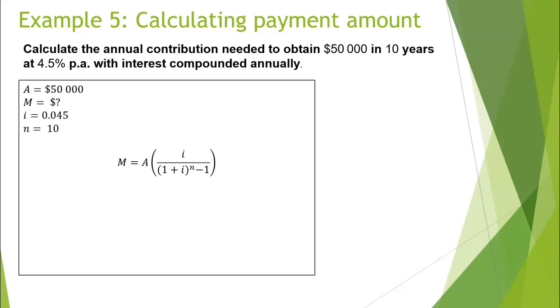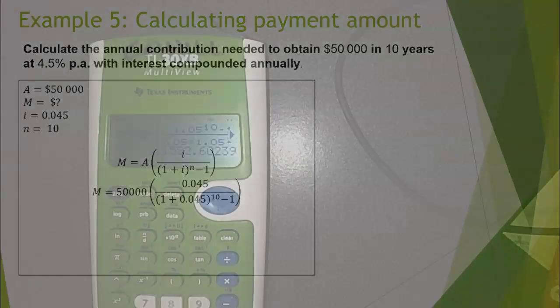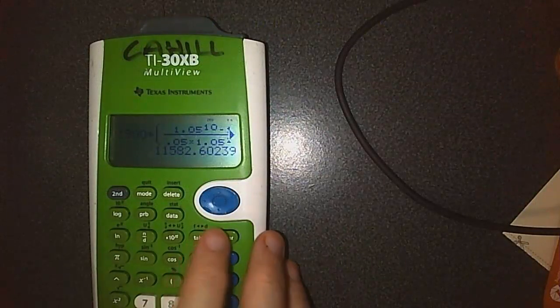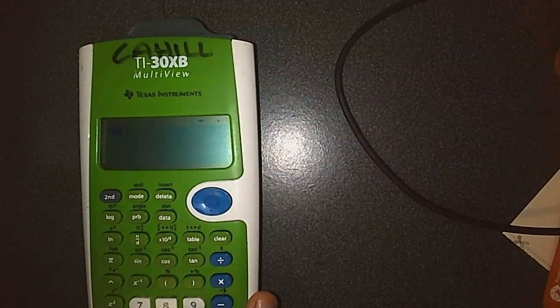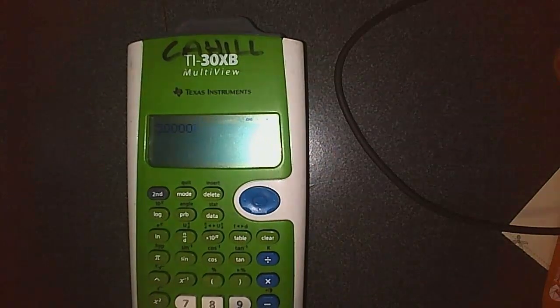M equals A, 1 over 1 plus I to the n, take 1. Substitute in, take out my trusty calculator, clear all the previous information, and have $50,000.